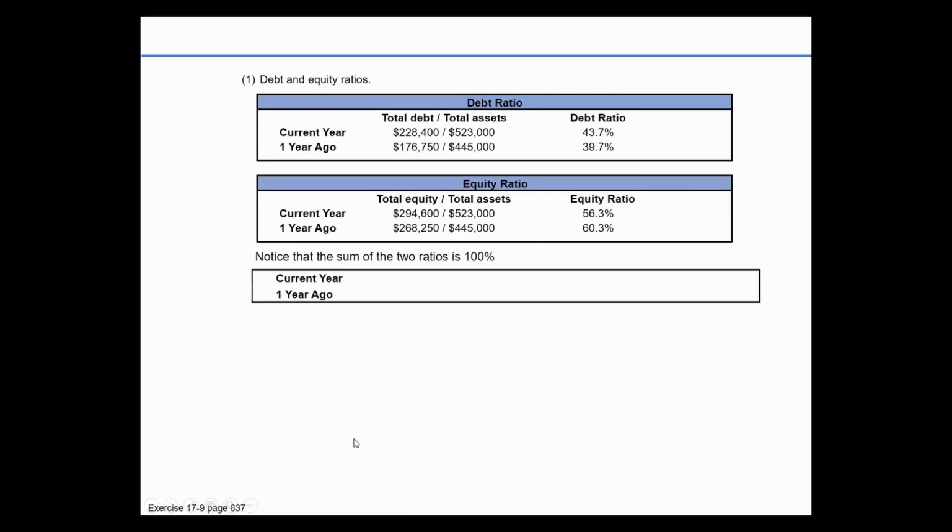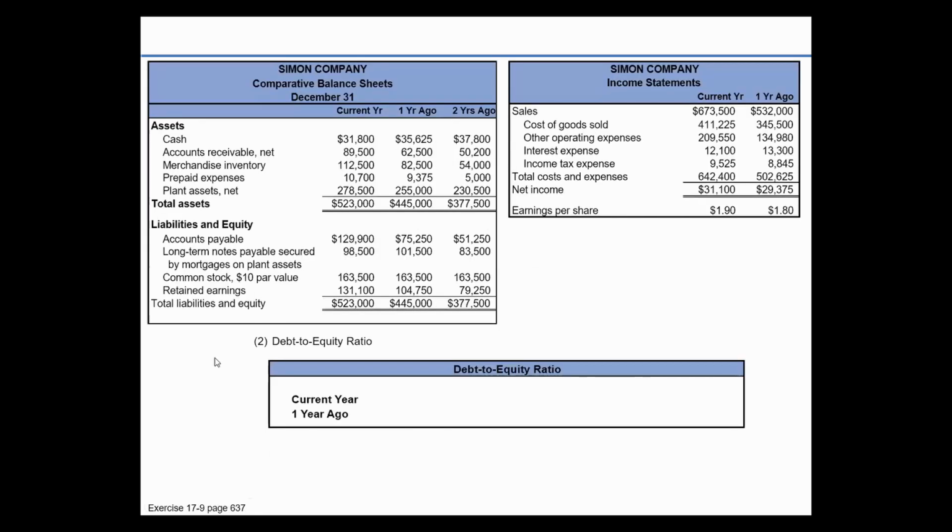So then our debt to equity ratio. So we see, again, these are our debt ratios and our equity ratios. And so we notice that the sum of these equals 100%, which makes sense, but that's one way you can check. And so your debt to equity ratio then is your total debt divided by the total equity.